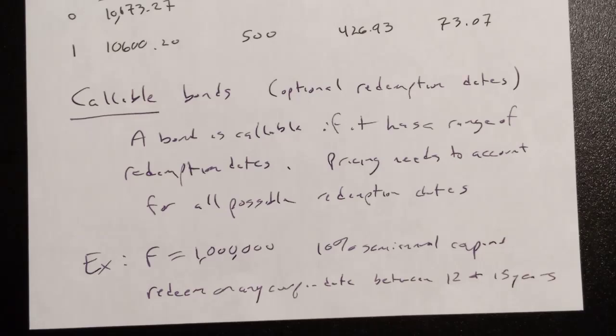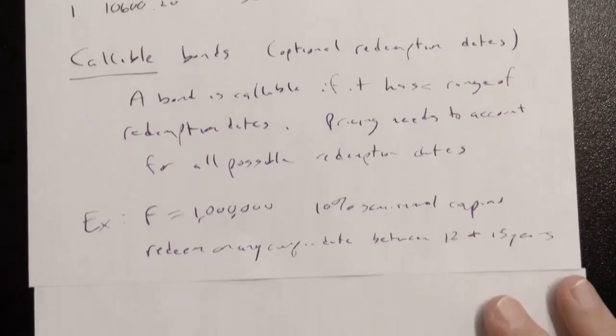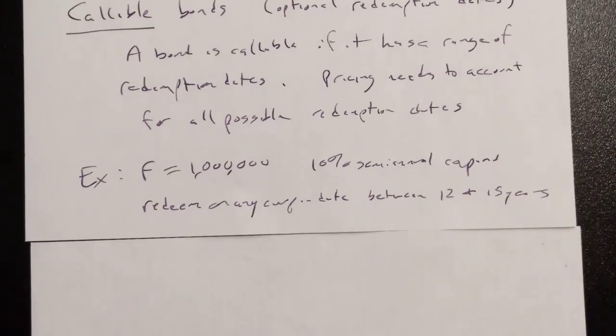Now I'm being specific here. I want to redeem on a coupon date as opposed to between coupon dates. I don't have to deal with that extra part of a period. And now it asks me to look at two different yields.